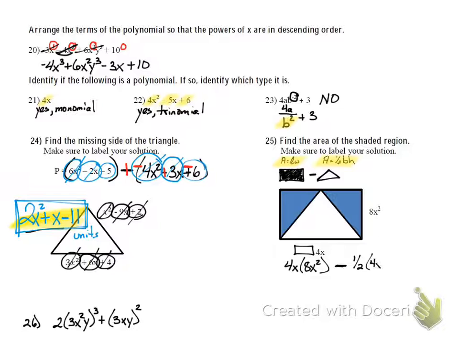Well, the base is the 4x again, and the height is the 8x squared. And again, that was the area of this triangle. And now you just simplify. 4x times 8x squared is 32x to the third minus 1/2 times 4 times 8 is 16x to the third.